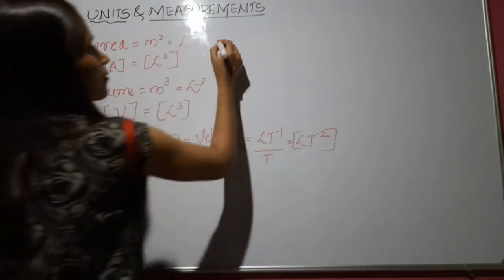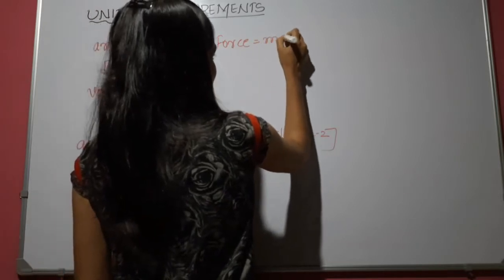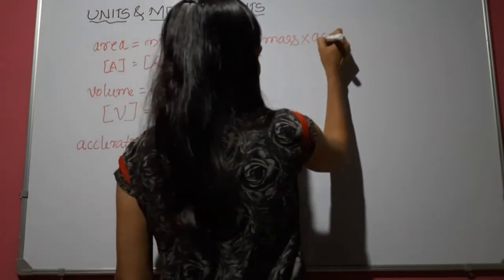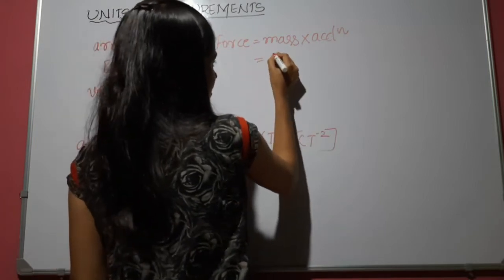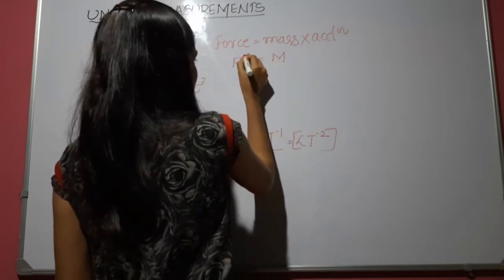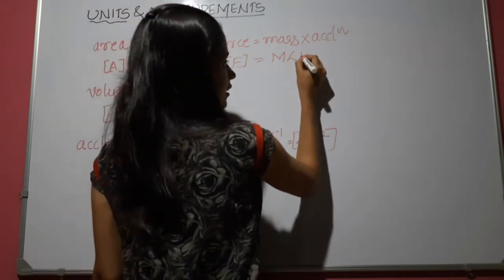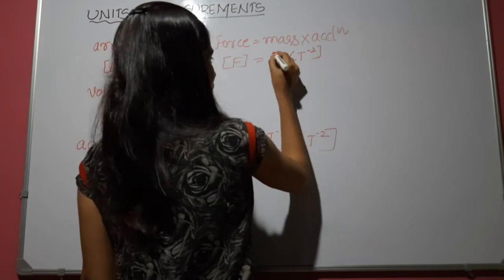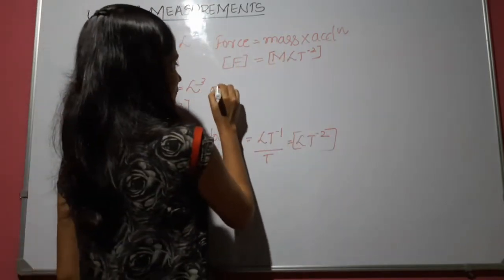So next, force. Force is mass into acceleration. Mass is M. So the dimension of force is M, times acceleration L T power minus 2. Next, momentum.